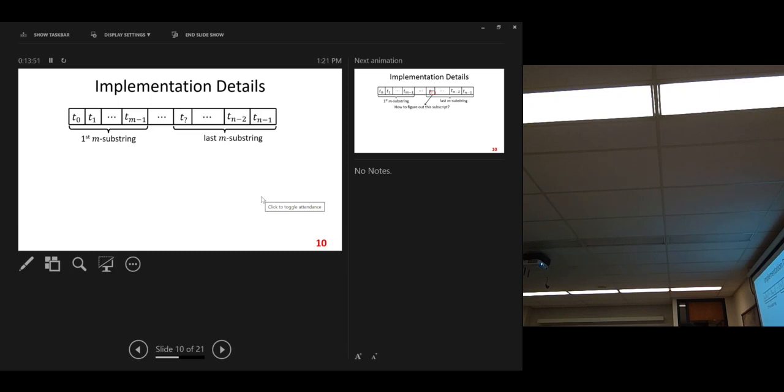Yes, n minus m plus 1. But how confident are you? So here, let me use another way to explain it. The answer is the same as our answer for the number of M substrings. But I want to show you another way to see it.